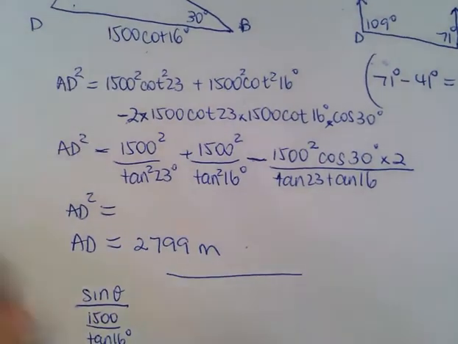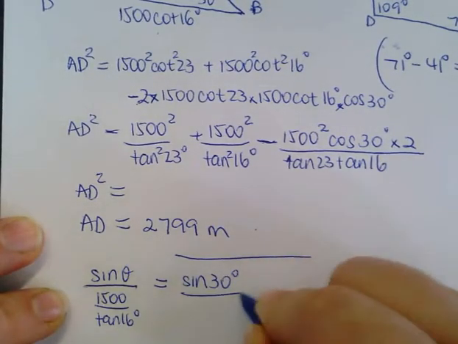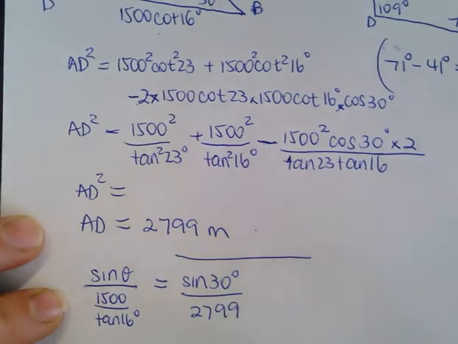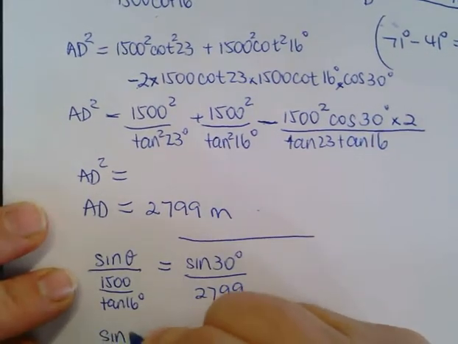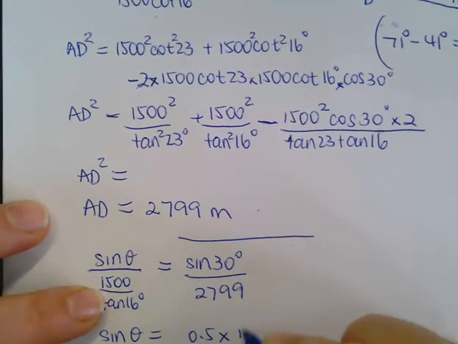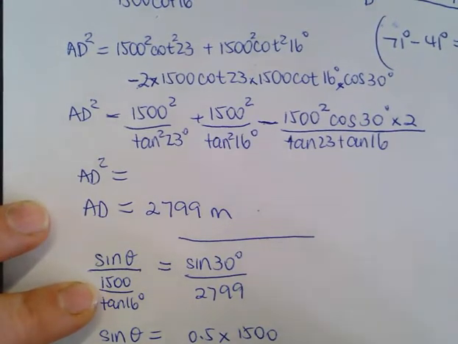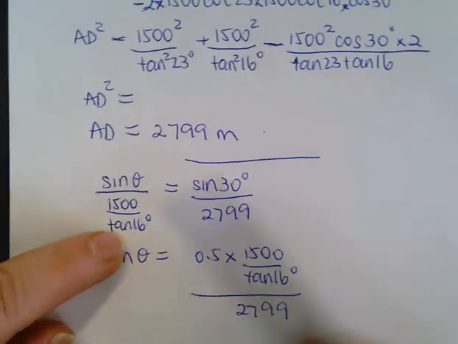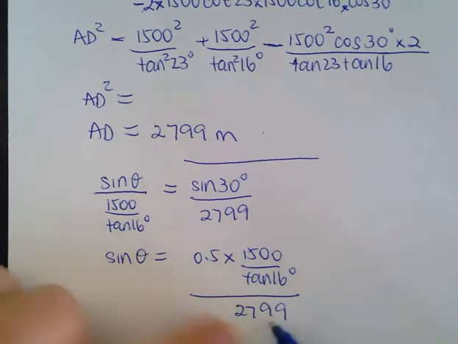Instead of cot, equals sine of 30 degrees over 2799. Are we good? So sine theta, sine 30 is a half, 0.5 times 1500 over tan 16 degrees divided by 2799. So sine theta equals sine 30 times 1500 over tan 16 degrees divided by 2799.